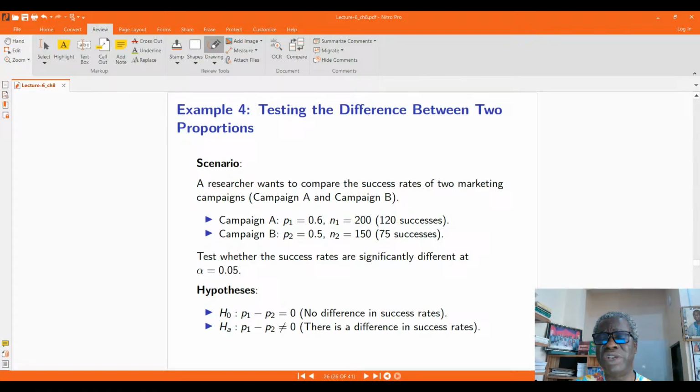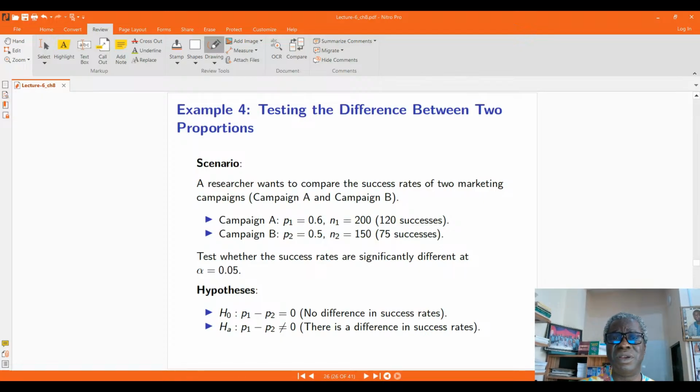Only 120 eventually accepted. So that represents the number of successes. Again, for company B, a sample of 150, only 75 succeeded in accepting the campaign.